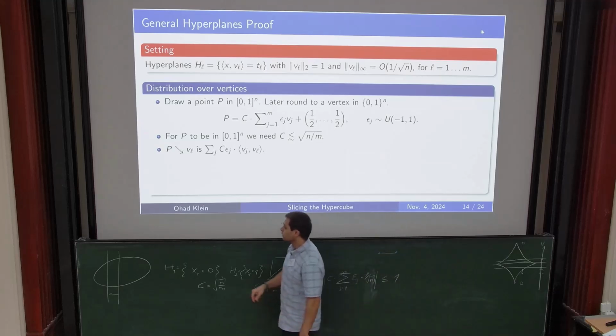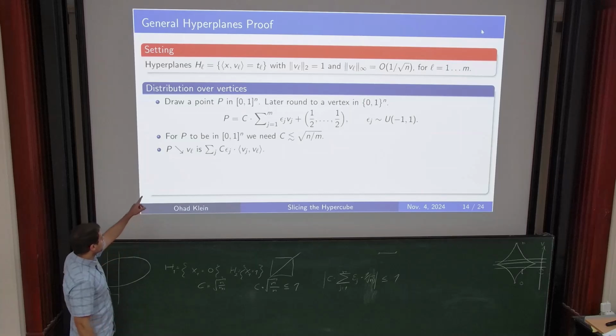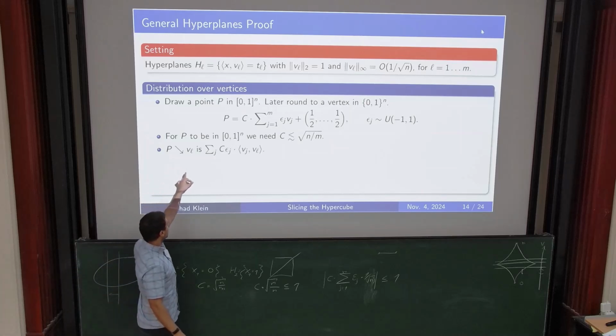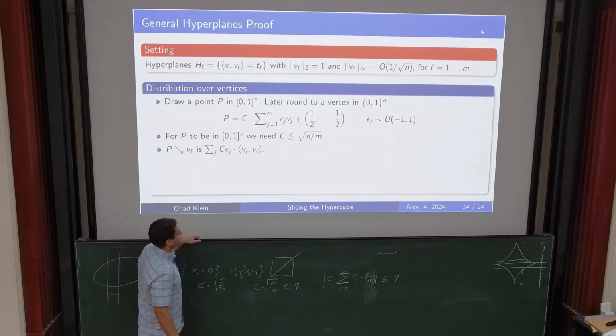Right now, the next property we want is that the projection of P onto the normal vector V has high variance. So let us just compute this projection. You just take the inner product, and you get this expression.